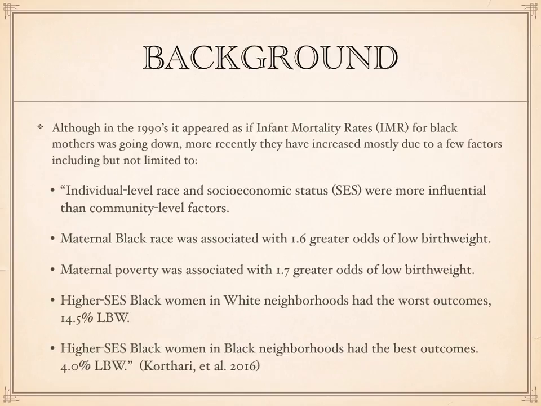Background for this topic talks a little bit about how in the 1990s, IMR for Black mothers was going down, and more recently, they have noticed an increase in many different states that had large populations of Black individuals. Although many states did show a decrease or no change, many states did show that increase.